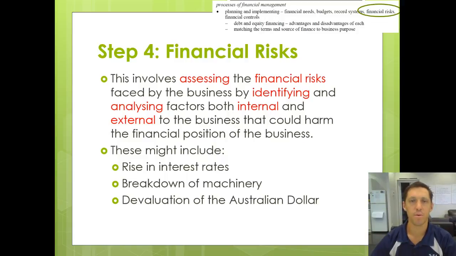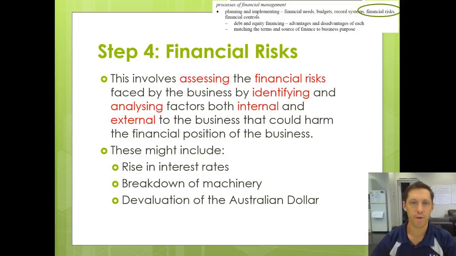And the business must be aware of that potential change, because that's going to impact upon the expense side of the business. Another element that could be a financial risk is if it's a manufacturing type business, the breakdown of machinery, or if machinery is getting old, assessing, okay, do we need to actually replace that machinery? Is it going to need some sort of maintenance that's going to potentially be costly to the business?